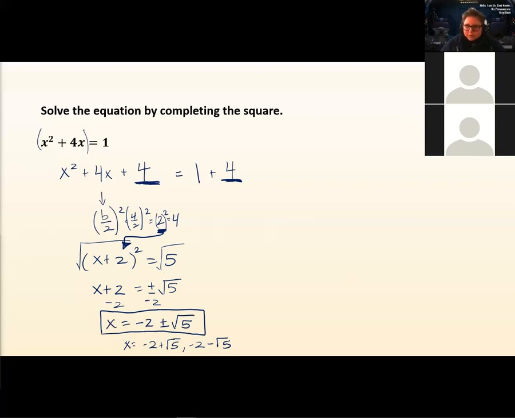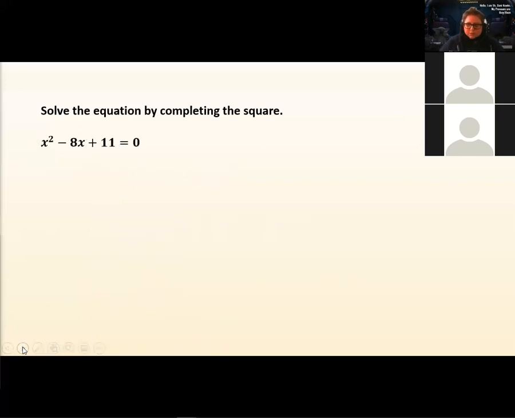Any questions about that one? We got one more completing the square we can go through together. Okay, so let's do the next one. So if we want to complete the square, this is set equal to 0. What's the first thing we've got to do if we want to start completing the square to solve this?